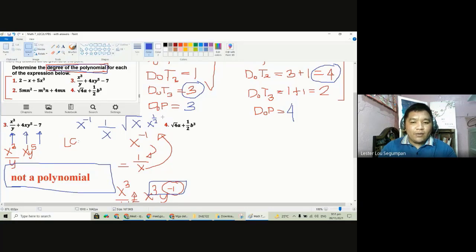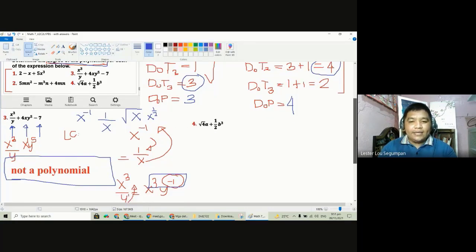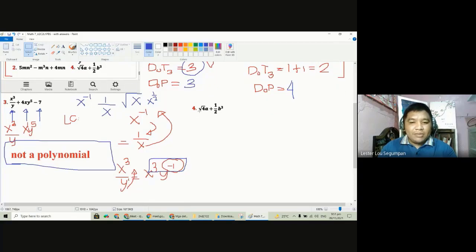What do you think now is number 4? Sir, in number 4, I see a square root. Will this mean that the expression is non-polynomial? The only restriction to decide whether it's a polynomial or a non-polynomial is the literal coefficient. Look at the square root. It is part of the numerical coefficient. It did not exceed here.